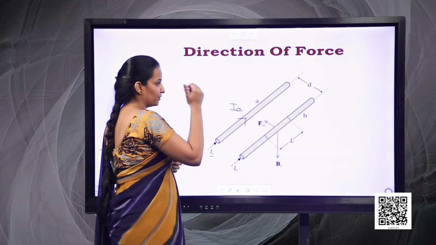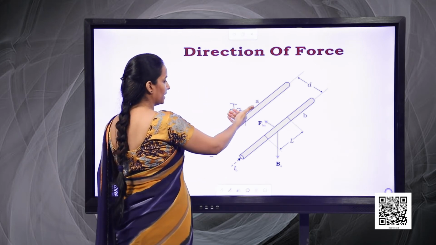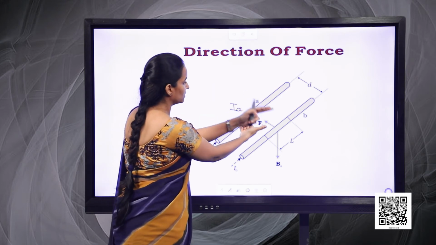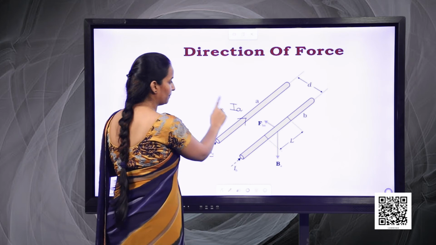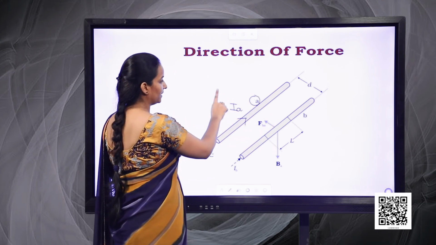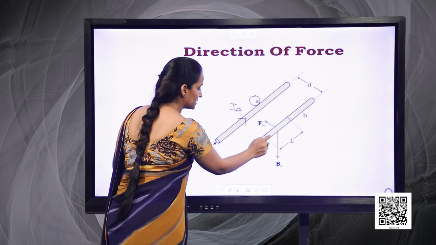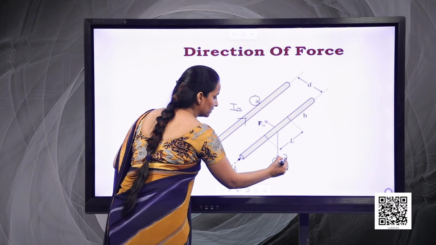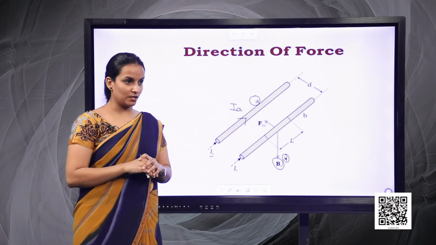Now, from the right hand rule, if this thumb is representing the direction of the current, these curled fingers will give you the direction of the magnetic field. And due to this conductor A, the magnetic field is going like this, and for this B, it will be into the plane, which is represented as a cross.